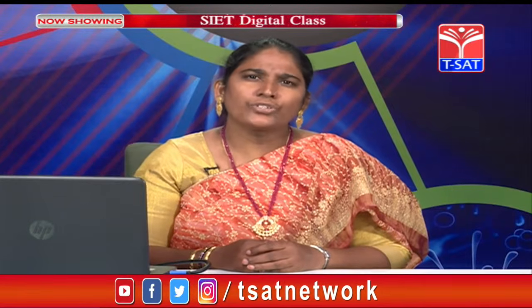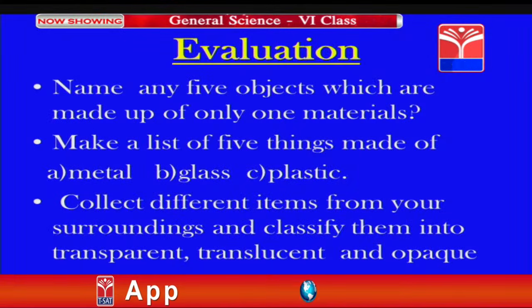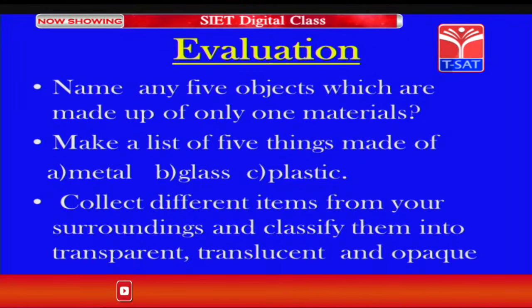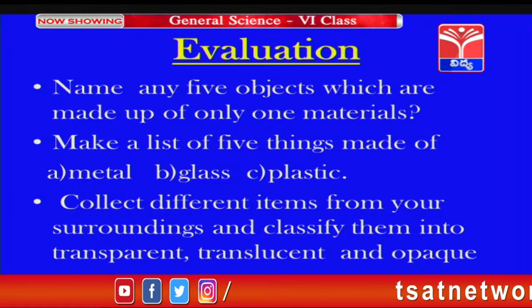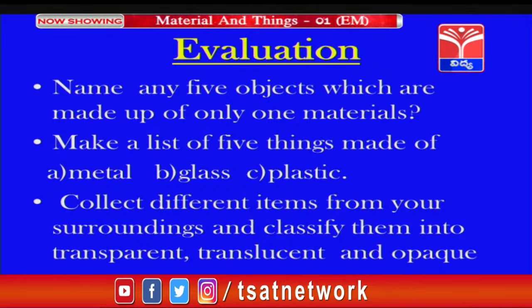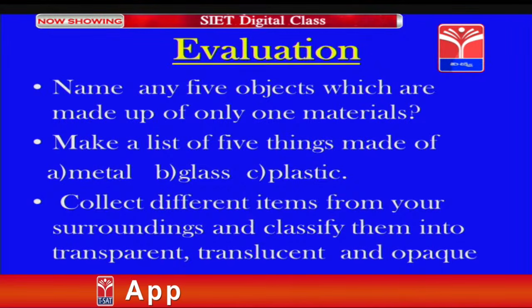Now, I will give you a few questions, try to solve those questions. Name 5 objects which are made of only one material. Second question, make a list of 5 things made of metal, 5 items made of glass and 5 items made of plastic.